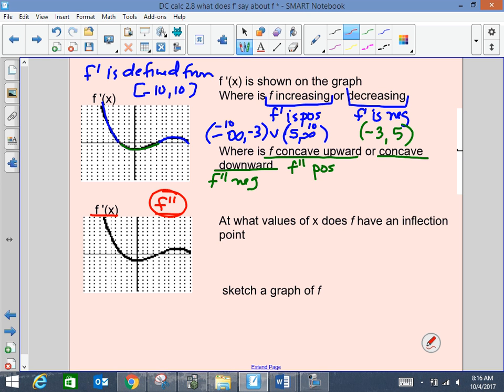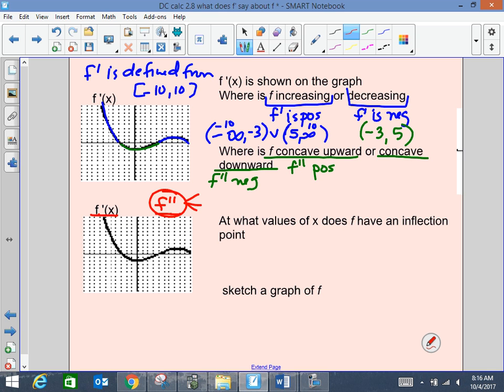Sorry, that's a bad question. Isn't the relationship between f prime and f double prime the same as between f prime and f? Okay, so what are we looking at for f prime instead of f double prime? What are we looking at for f?